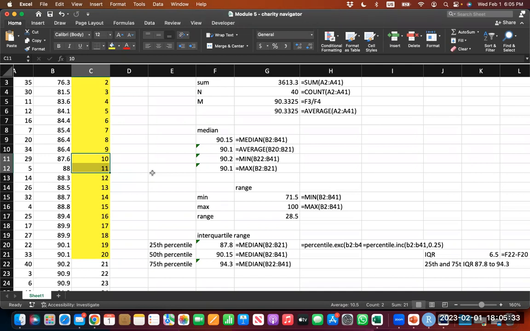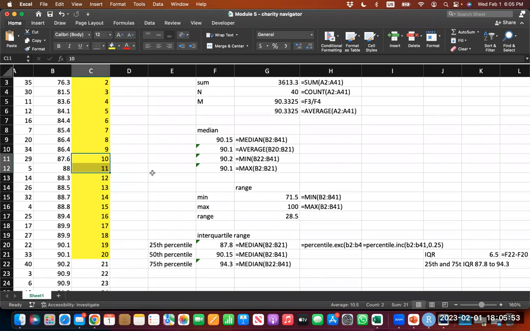I have a question. How come for the min and max for the median, we did B22 to B41? When you're finding the min and max, don't you include all the values, or is that only for the range?